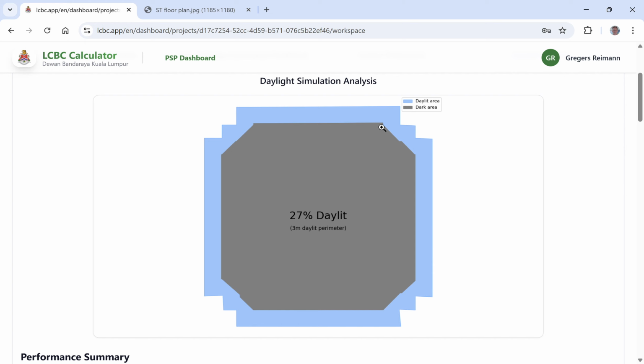So this is that 3-meter deep daylight perimeter zone that is automatically calculated and shown. And it also states in the middle of the floor plan that this is a 3-meter daylit perimeter, and that adds up to about 27% daylight coverage.